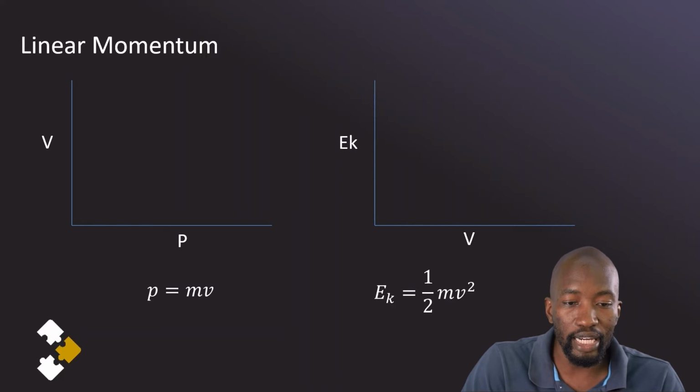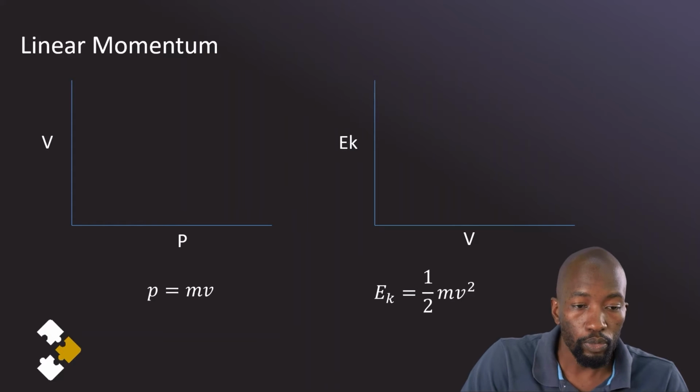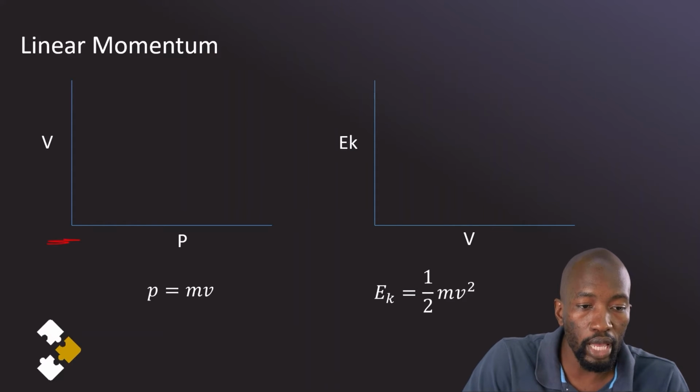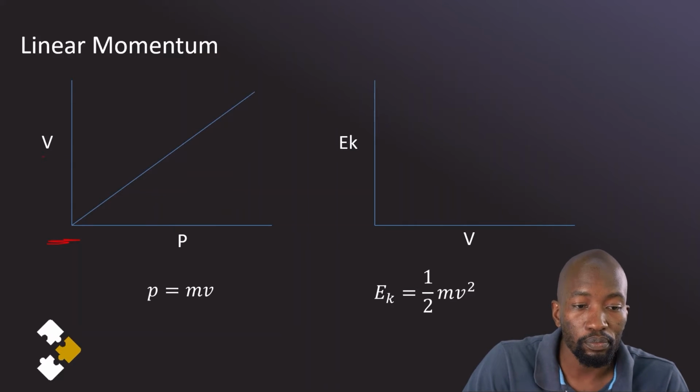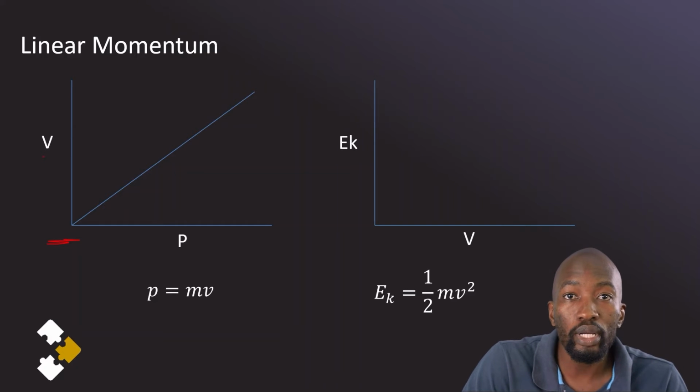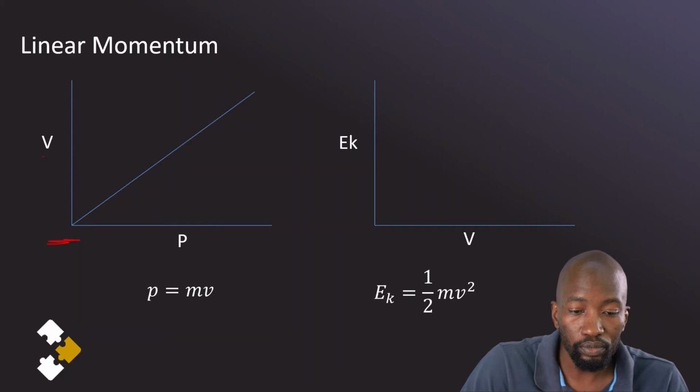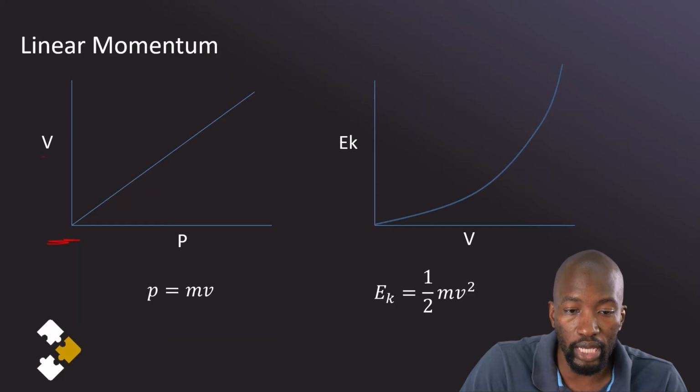So let's look at linear momentum. If we look at this table here, we have velocity versus momentum. Let's see how they affect each other. Because it's linear momentum, as the velocity increases, the momentum would also increase. They are directly proportional to each other.